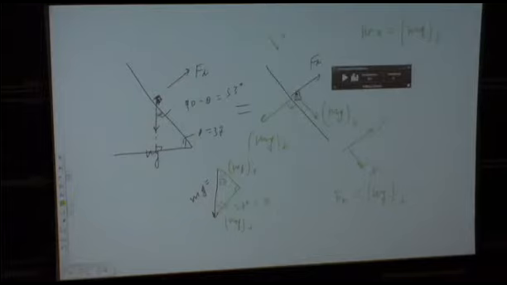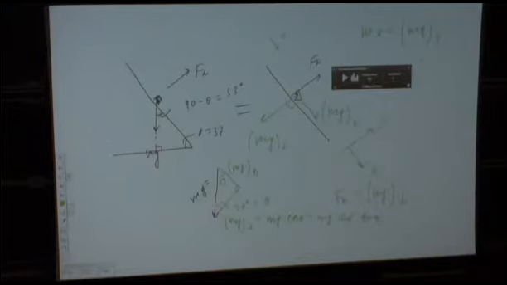So according to our knowledge of how a right triangle works, it has to be equal to mg times cosine of theta, or mg times sine of 90 minus theta. It's up to you which angle you want to use.